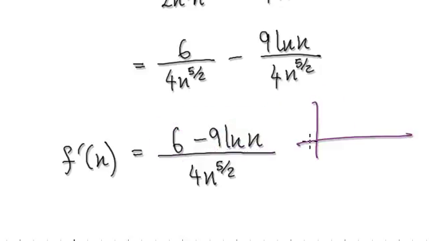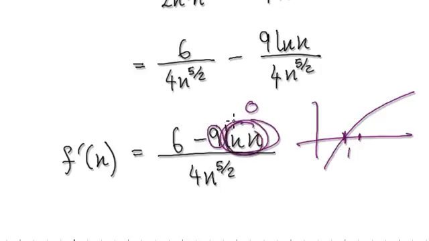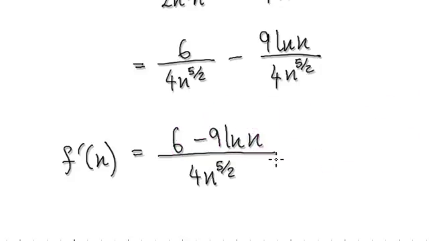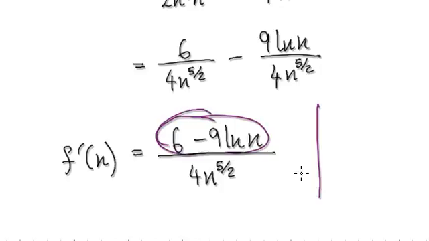But when you look at the natural log here, when n is 1, this thing here will be 0. 0 times 9 is 0, and then 6 take away 0 will be 6. The gradient will be positive up to a certain level, and then it will become negative.